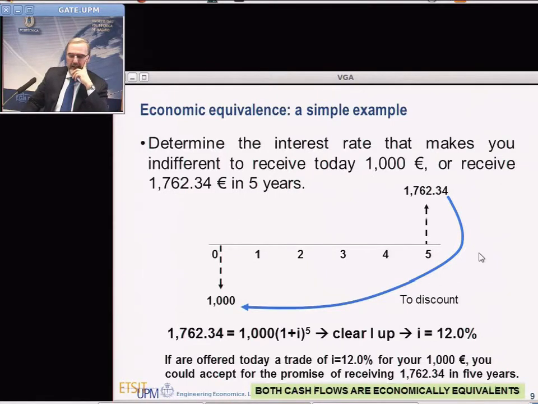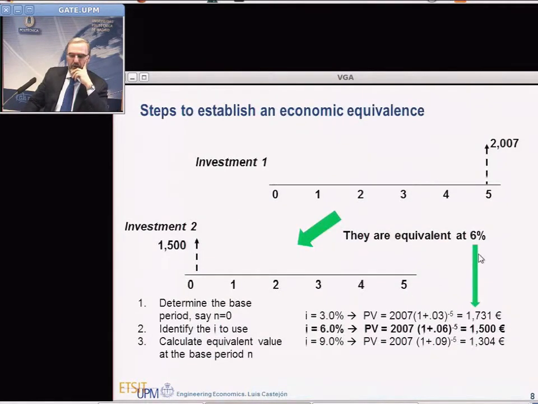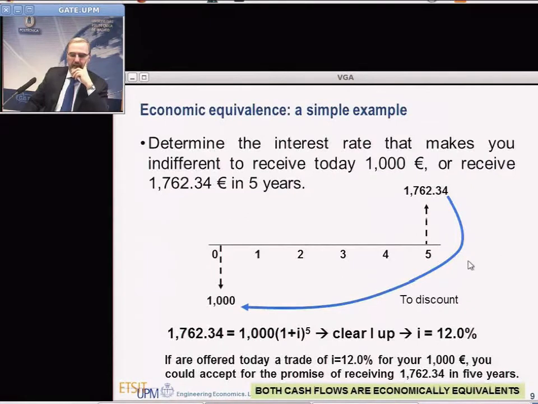So we can solve another problem, this one. Economic equivalence, a simple example: determine the interest rate that makes you indifferent between receiving today 1,000 euros or receiving in 5 years 1,762.334 euros. So are they equivalent?